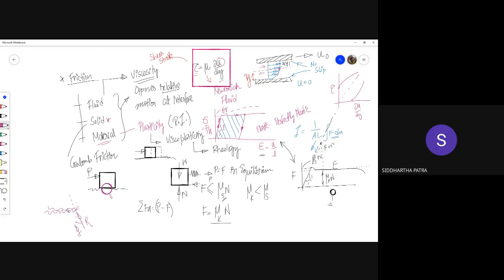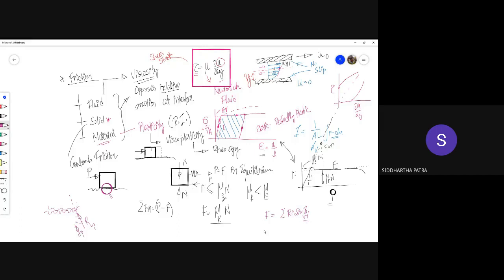Now you can do that for each contact pair of the two rough surfaces. So you can give them names Ri and Fi. So the net friction force is essentially your summation over Ri sine phi i. And in the end you can have the total resultant force and an equivalent angle.